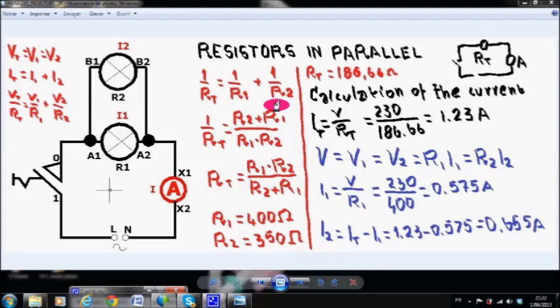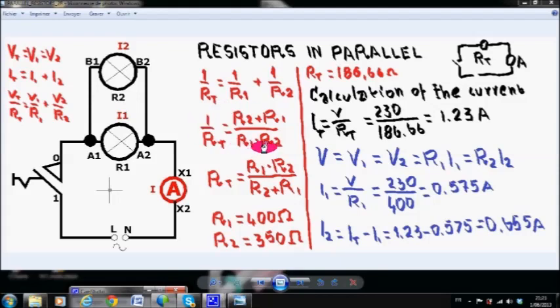Very important. If the resistors are in parallel, you can't add the resistors as we used to do in series. You have this reciprocal addition. So 1 over RT equals (R2 plus R1) over (R1 times R2).